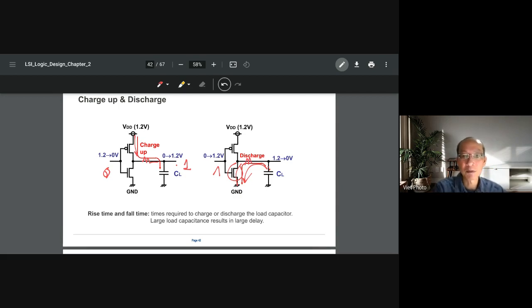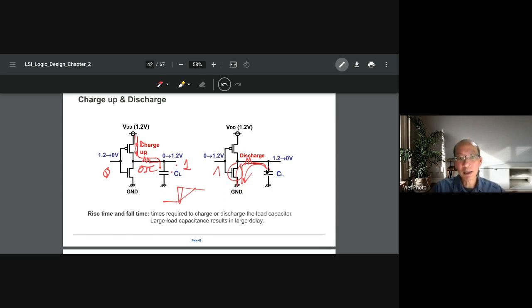Because of the resistance here and there, when you charge it, if you have 0 ohm here and 0 ohm here, when you short like that, the circuit goes like this regardless of the C, because it's 0 ohm. But because you have a resistance, it goes this way. You reduce the resistance, it goes faster.